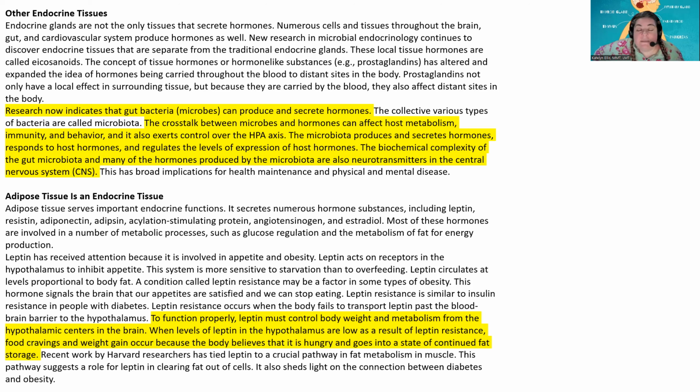Research indicates that gut bacteria, the microbes in your body, can produce and secrete hormones. All right. The crosstalk between these microbes and hormones secreted by actual organs and tissues of your body affects the host, meaning you are the host to this bacteria. It affects your metabolism, your immunity, and your behavior.